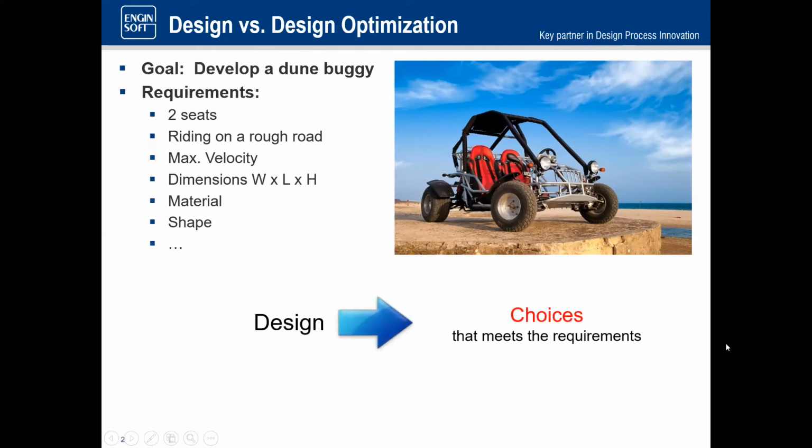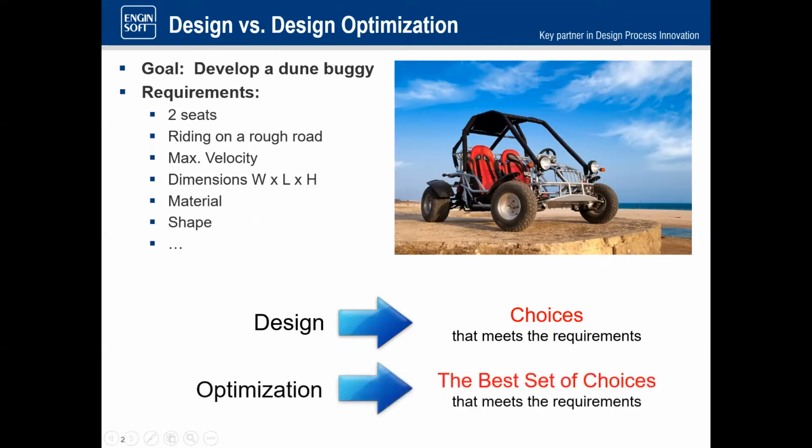So design is to make the choices, and basically choices need to meet the requirements, but then the question is, can we come up with the best set of choices?